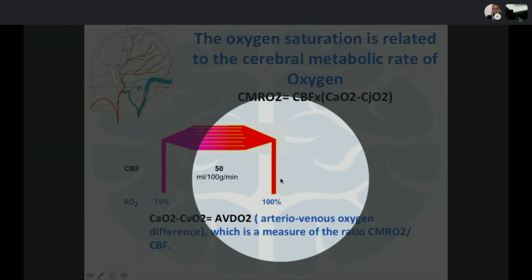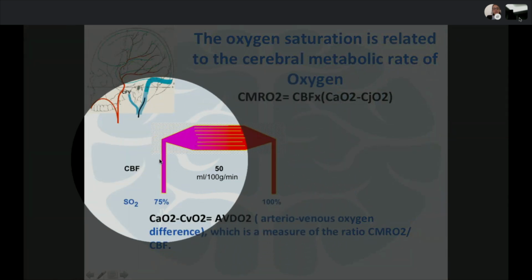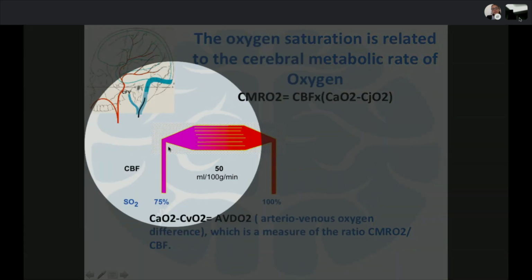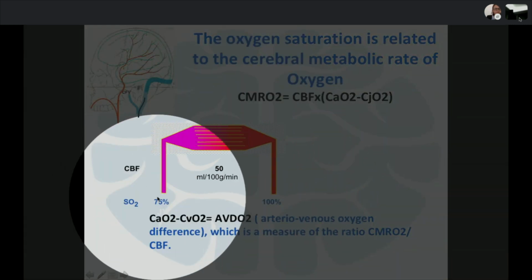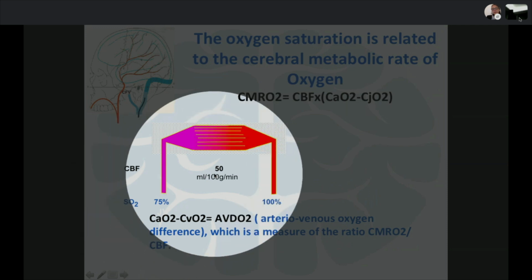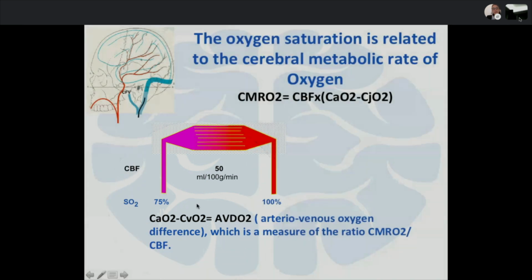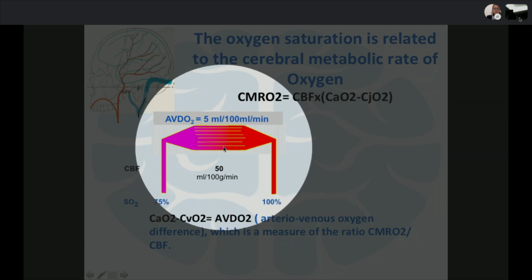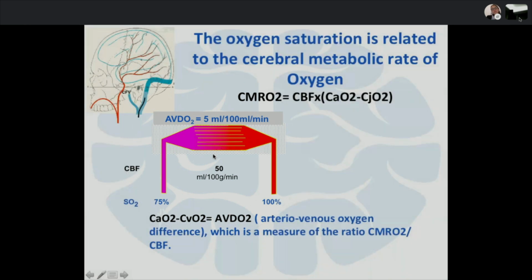This is normal condition with normal cerebral blood flow, SATs of 100% in the arterial compartment, SATs of 75% in the venous compartment, with a normal extraction of the oxygen. The extraction of the oxygen is the arterial-venous oxygen difference, and it's a measure of the ratio between the metabolic rate and cerebral blood flow.